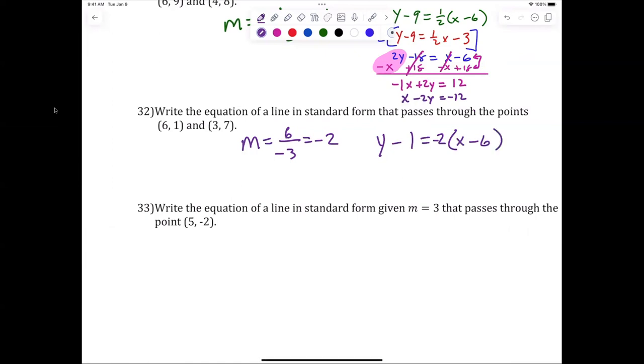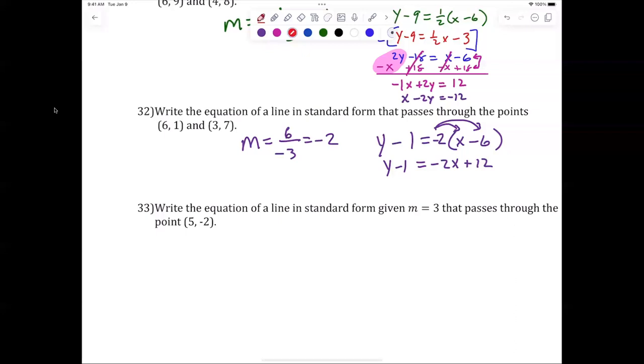Good work. Keep going. Negative what? What's -2 times x? We're just distributing a -2. Do we agree? And then how are we getting 3? Yes. Agreed?